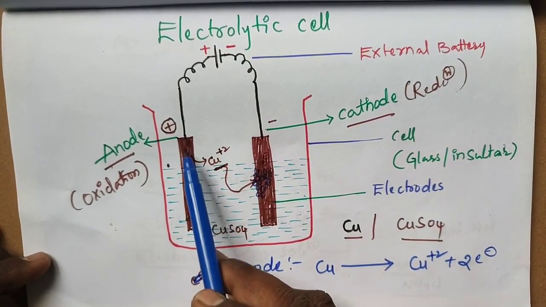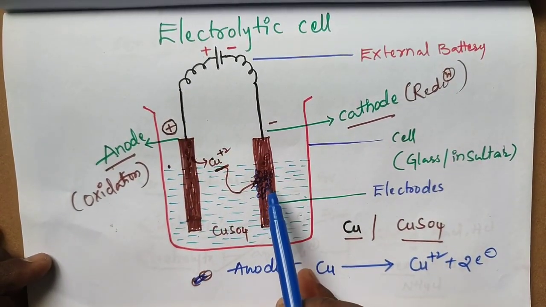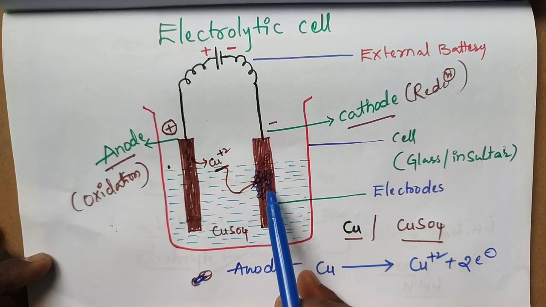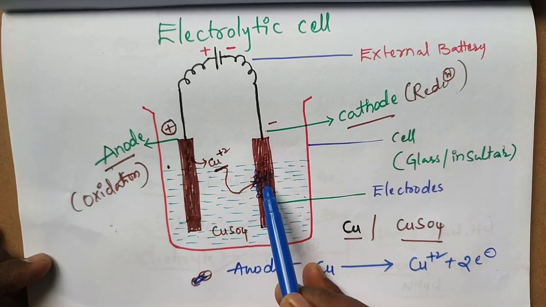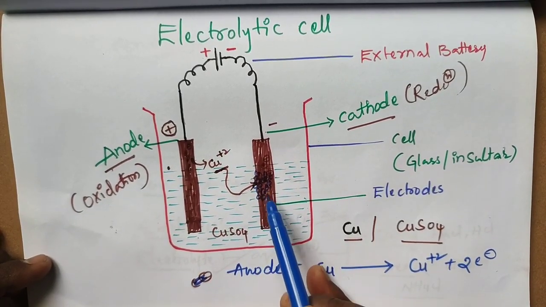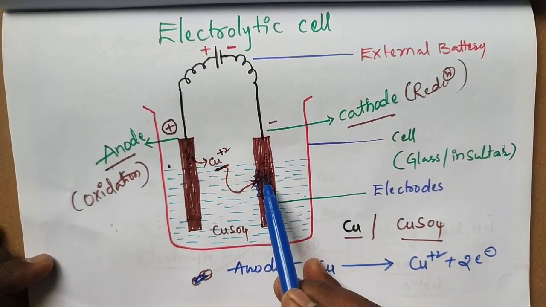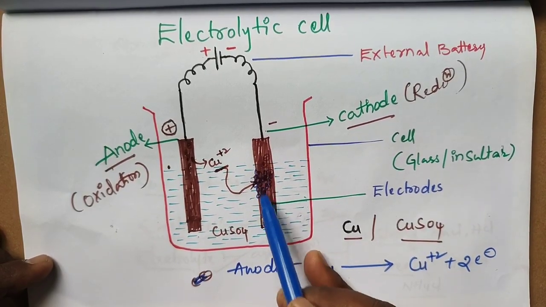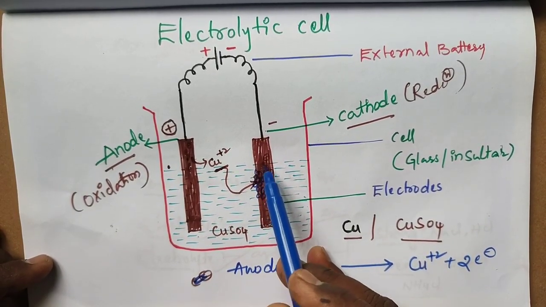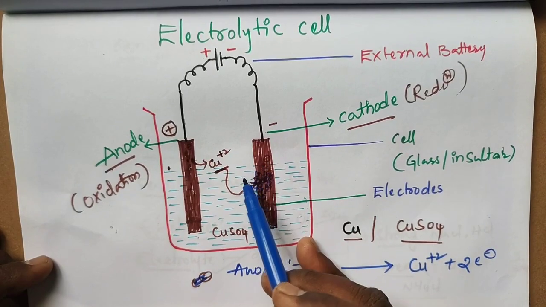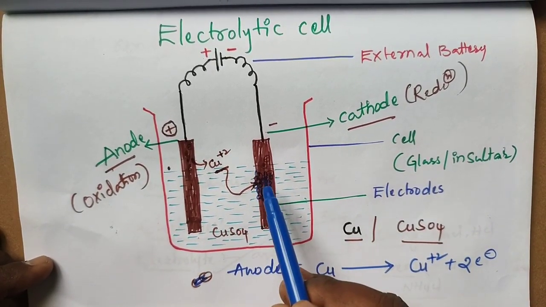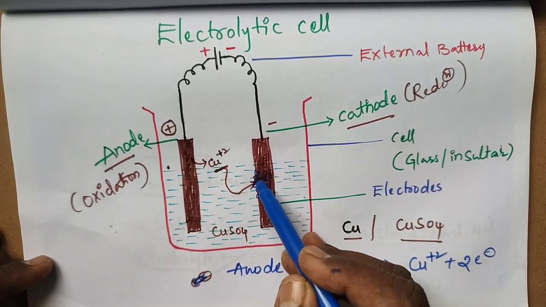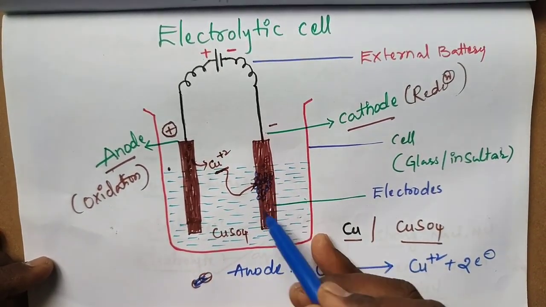These 2 liberated electrons flow from the anode to the cathode. At the cathodic position, Cu plus 2 ions occupy the surface of the electrode because electrons are present there. With these 2 electrons, reduction takes place at the cathode.